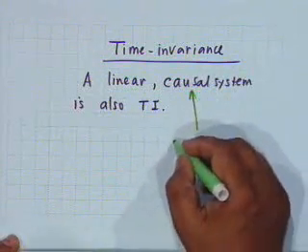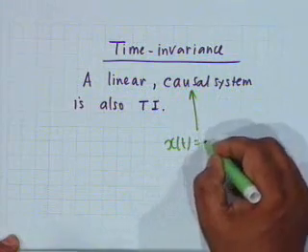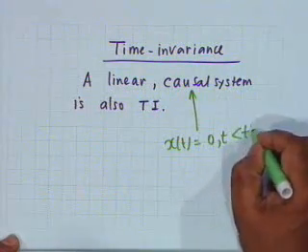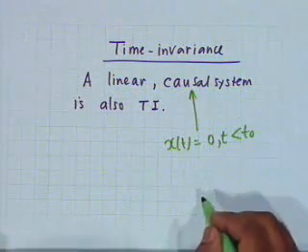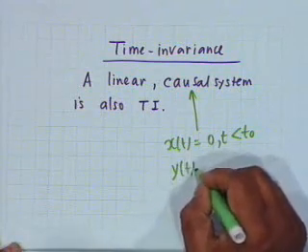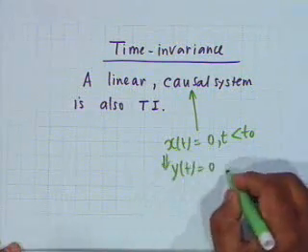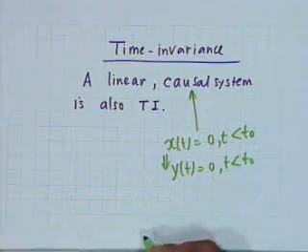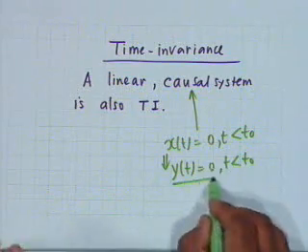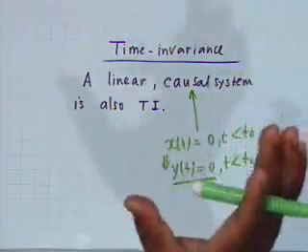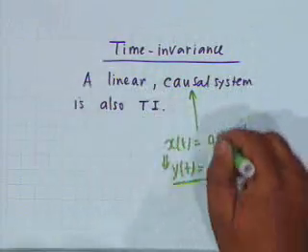But before we do that, I want to introduce a term. This causality of a linear system, you recall, we required that if x of t equal to 0, t less than t0, demands that y of t equal to 0 for t less than t0. Now, y of t is the output of the system, and this condition is known as the condition of initial rest.